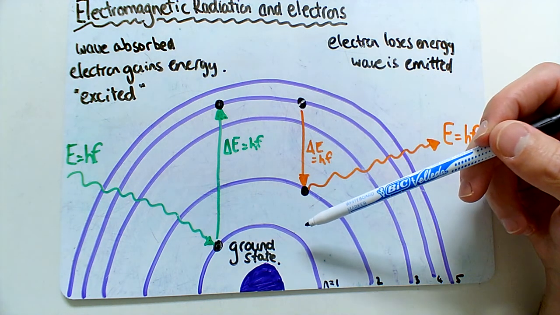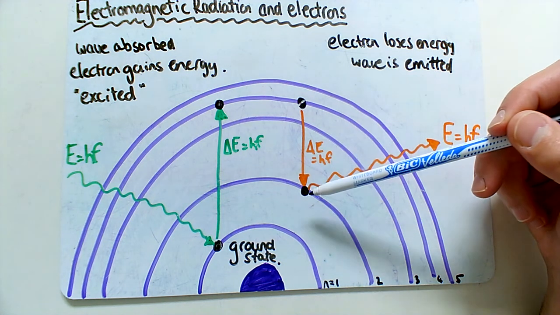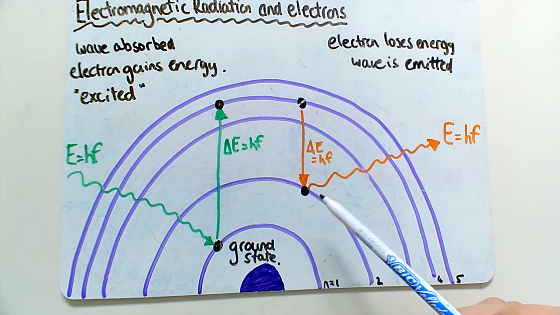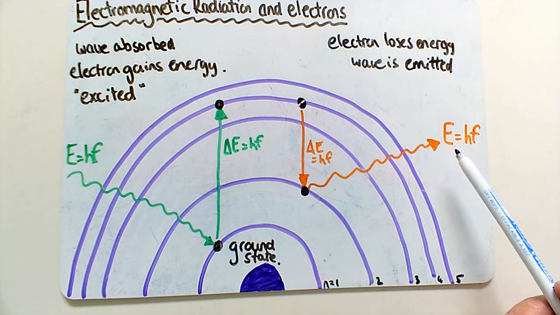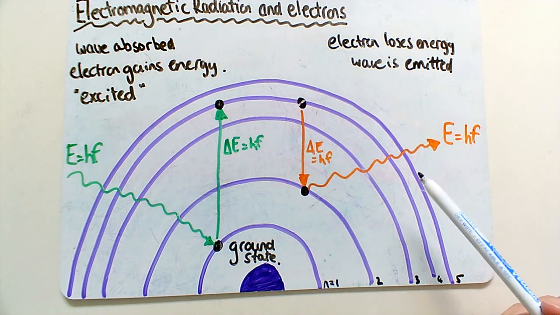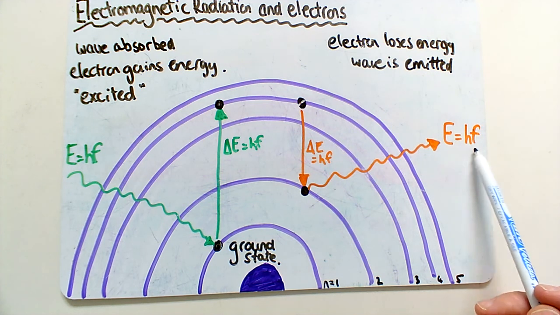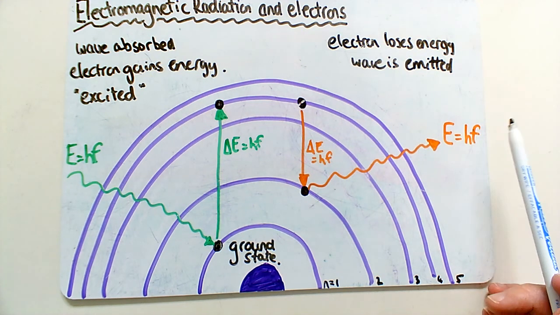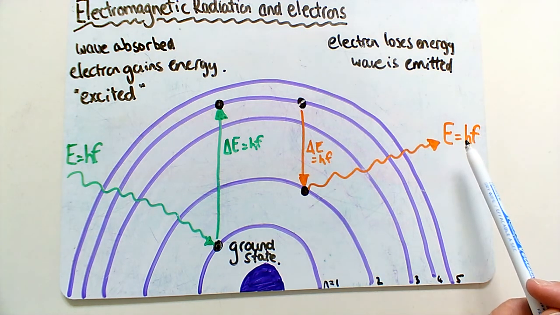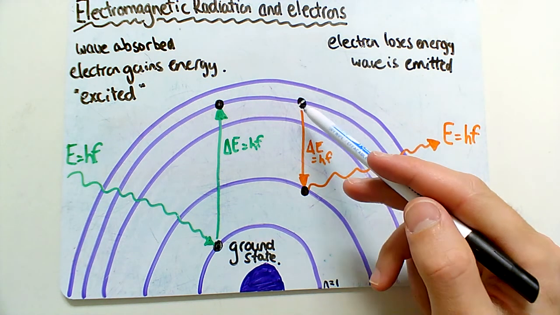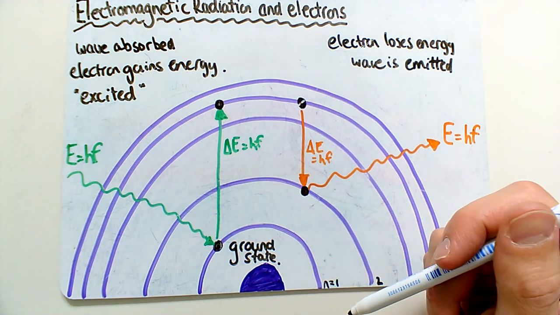It doesn't have to be the ground state. And every time an electron falls down from one higher energy level to a lower one, it gives off a photon. It gives off energy in the form of a wave. And you can use the energy or the frequency or the wavelength of that light to work out the energy difference between energy levels within a given atom.